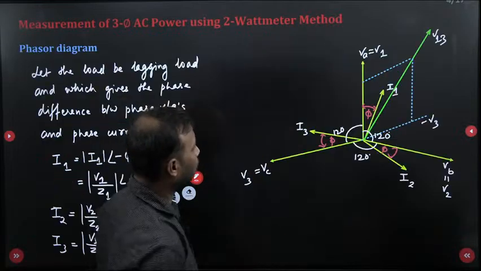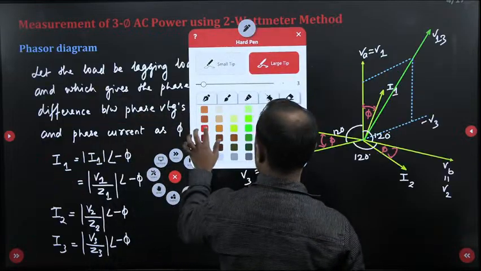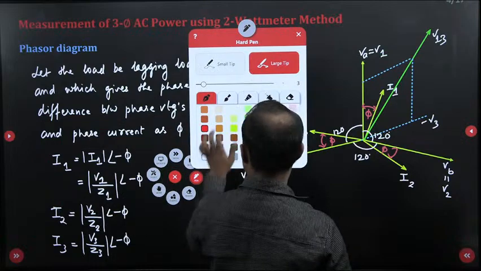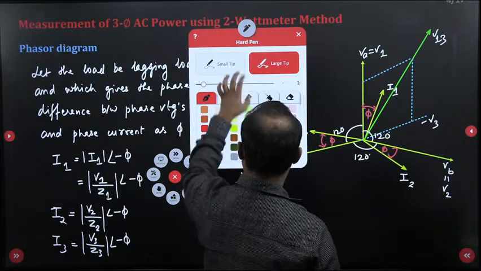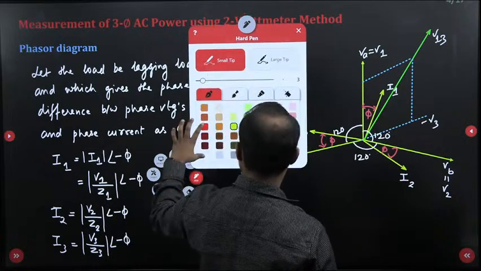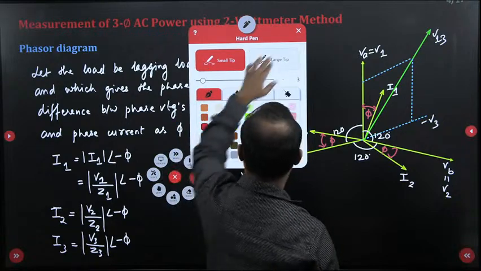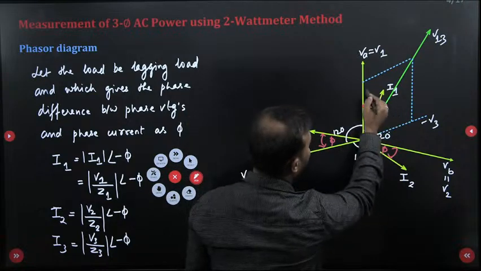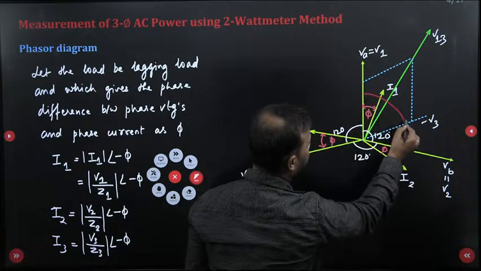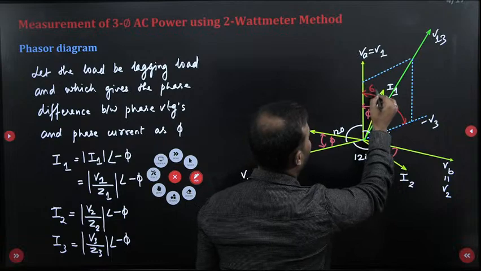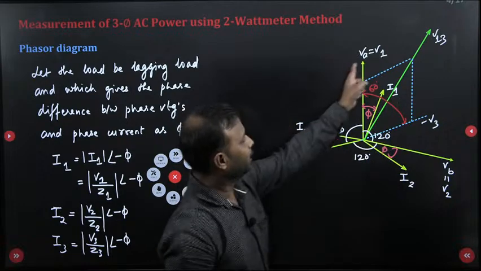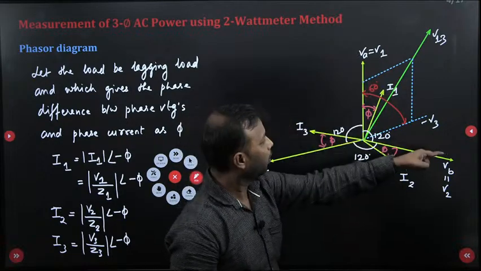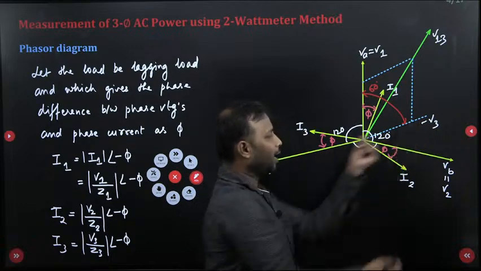Okay? Now, one more thing. Let me change the color. Okay. So see, this angle from this point to this point, this angle is what? This is 60 degree. This total is 120. It will act as an angle bisector.